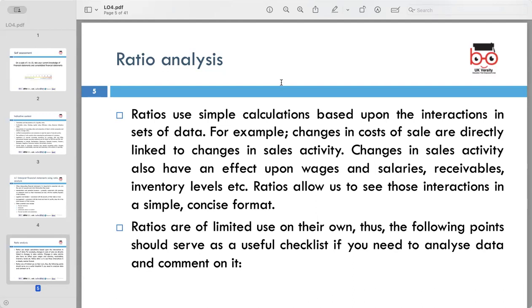For example, changes in cost of sales are intrinsically linked to variation in sales activity, which in turn impact wages, receivables, inventory levels, and other aspects of the business. Ratios provide a useful means of visualization, so these intricate relationships become comprehensible in a simple format, thereby facilitating a deeper understanding of the company's financial dynamics.